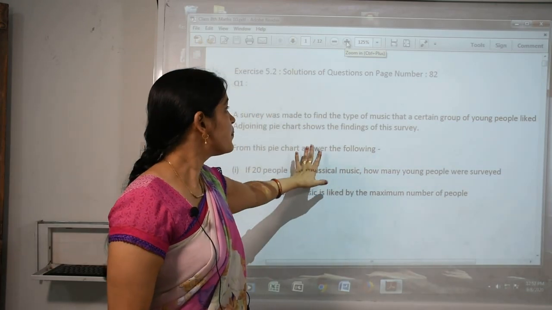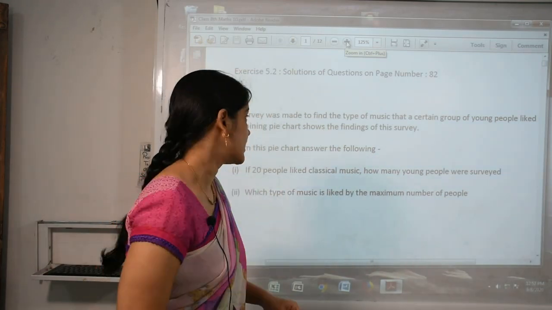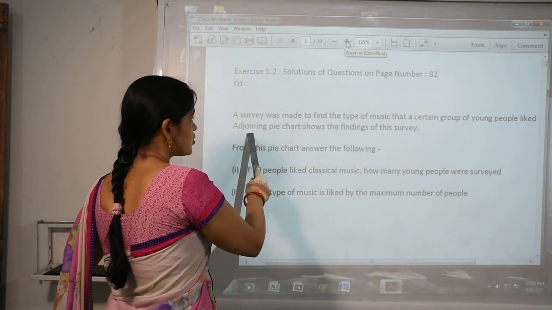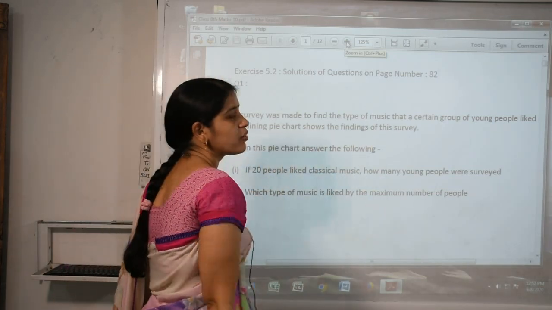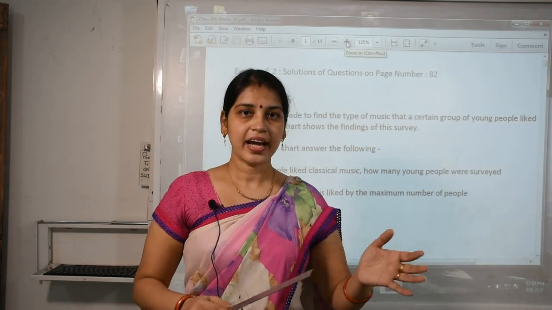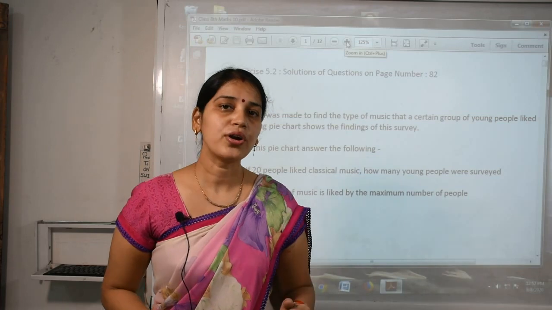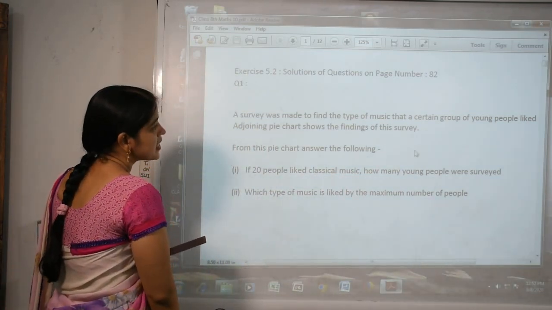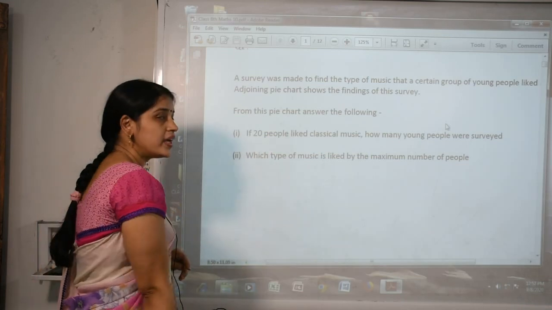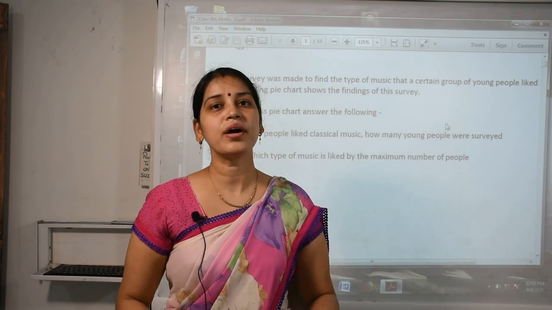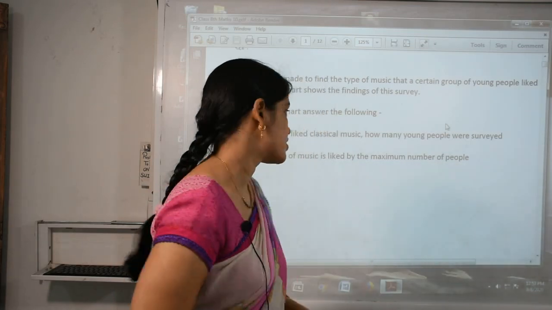Here a survey of young people was done. You are given a pie chart also. The adjoining pie chart shows the findings of this survey. That is given according to the pie chart. So from this pie chart you have to answer the following questions. We have to examine that pie chart and then give the answers to these questions.